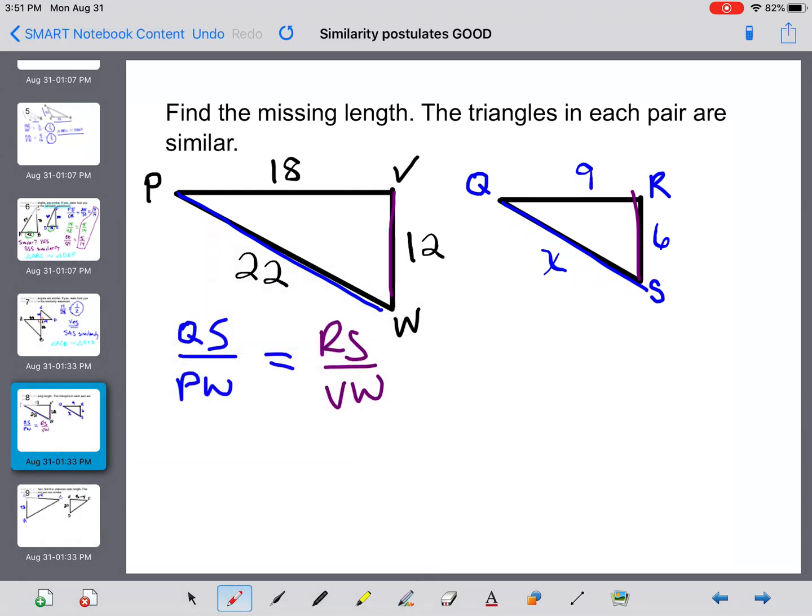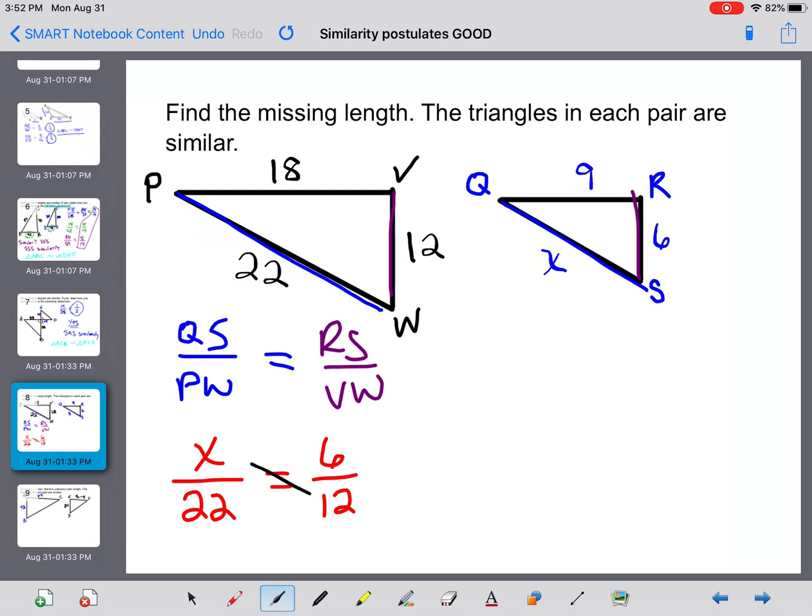So if we fill in the lengths, QS, that's the side that's missing. It's unknown, that's X. PW is 22. So we know that X over 22 is going to be equal to 6 over 12. And this goes back to our cross products.